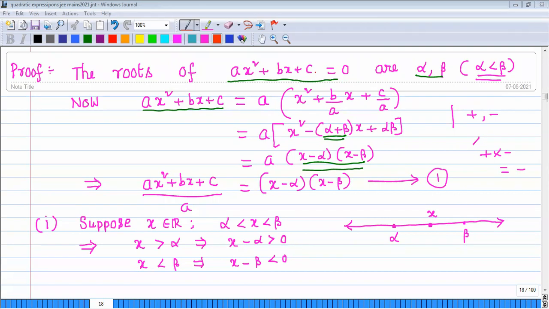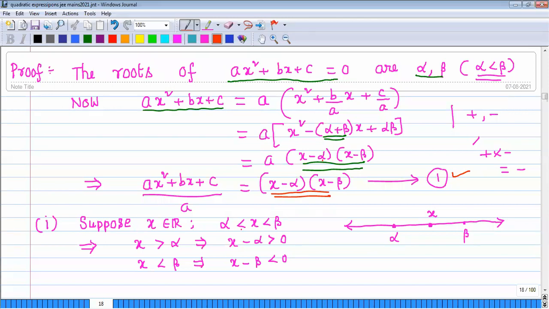The product of the roots is alpha beta, that is c by a, so c by a is replaced by alpha beta. If you factorize it, you get a times x minus alpha into x minus beta. Dividing both sides by a, ax square plus bx plus c by a is nothing but x minus alpha into x minus beta. So that is equation 1.